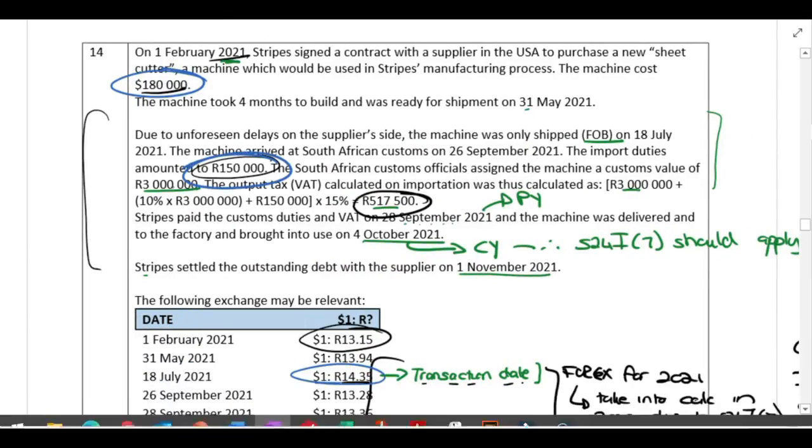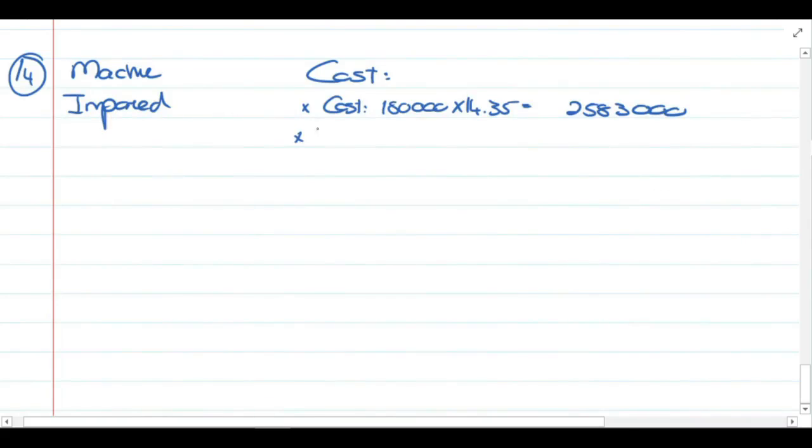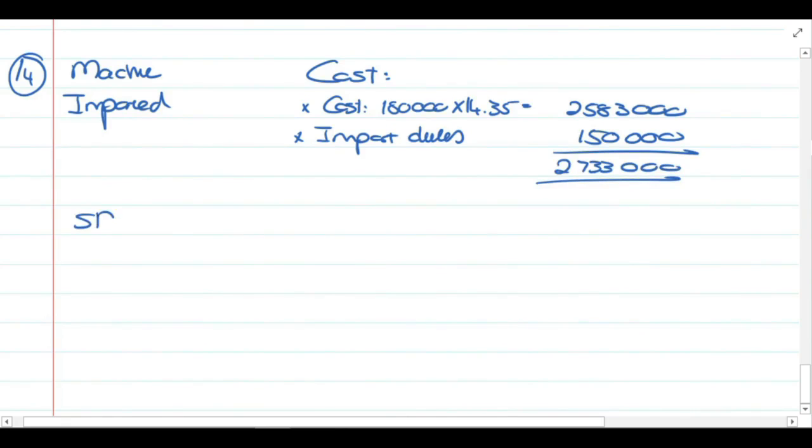Then it is the import duties of 150. And that's it: 2,733. So this is a new machine under section 12C. We claim 2,733. This is the first year we brought it into use, so we claim 40%: 1,093.20.